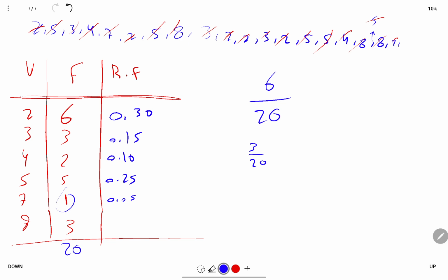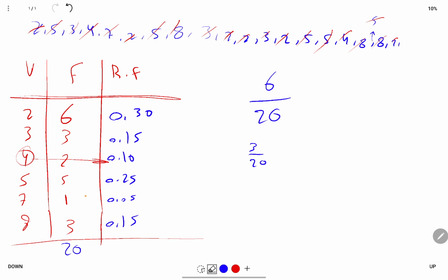Sorry, 1 divided by 20 is 0.05, and 3 divided by 20 is equal to 0.15. So for example, the relative frequency for 4 is 0.10. For 8 it is 0.15.